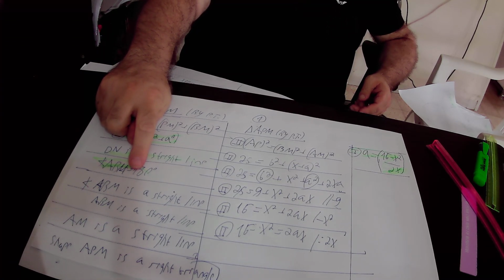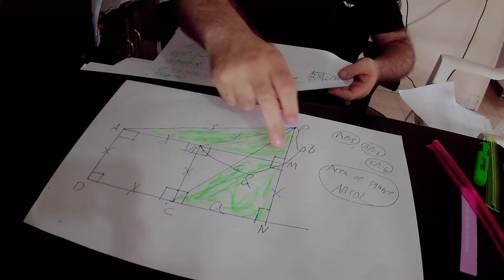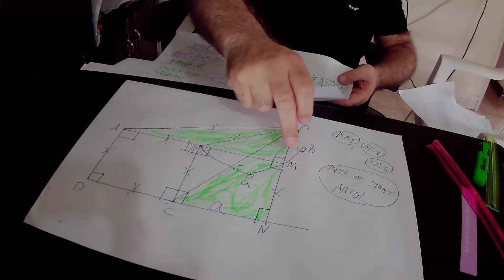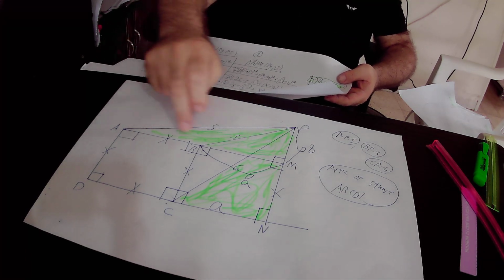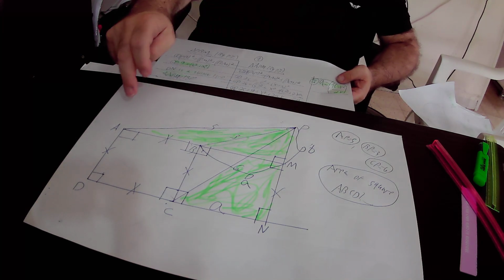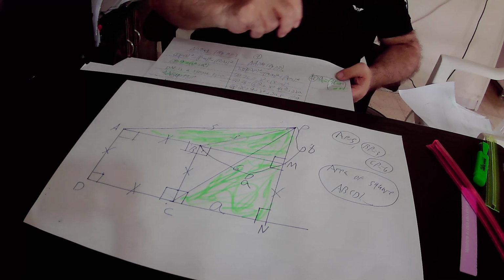Therefore angle ABM is a straight line, because any angle equal to 180 degrees is a straight line. So if ABM is a straight line, it means that AM itself is also a straight line. And if AM is a straight line, then APM is a right triangle.